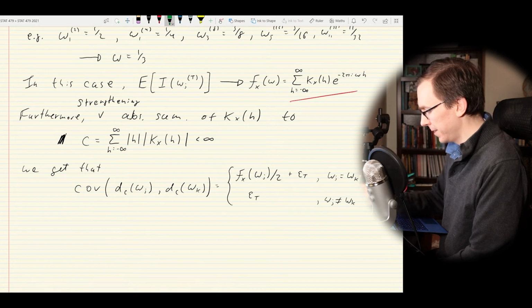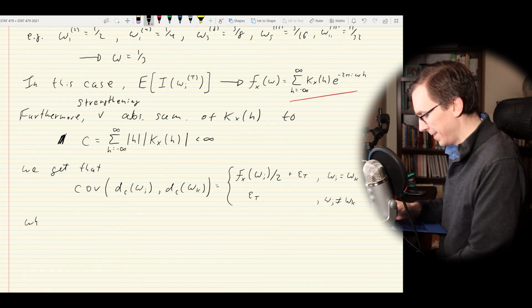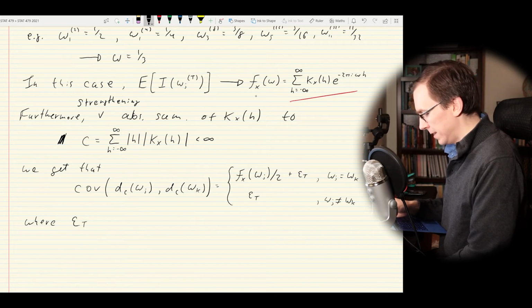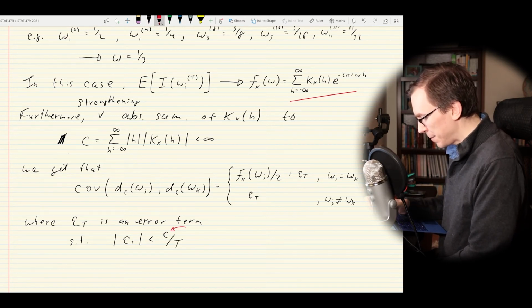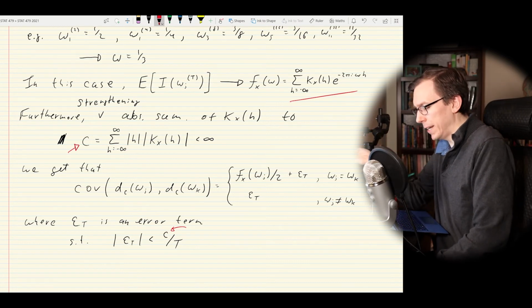So here, I should say where epsilon t is an error term such that the absolute value of epsilon t is bounded by c over t, where this c here is the same c that I wrote up here.